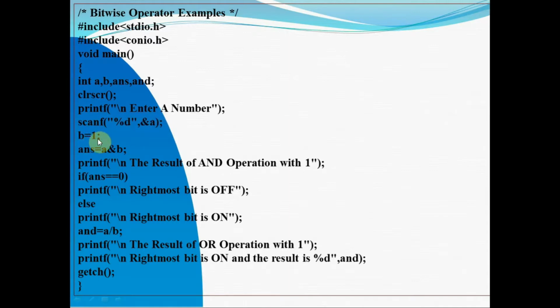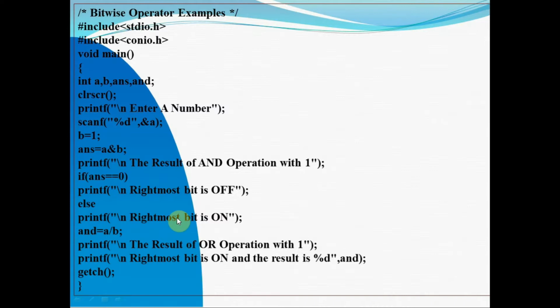Then b equal to 1. It is a bitwise AND operator. After we calculate the value, the answer is stored in the ans variable. The result of the AND operation with 1. If answer double equal to 1, 0, the condition is true, so the rightmost bit is off.